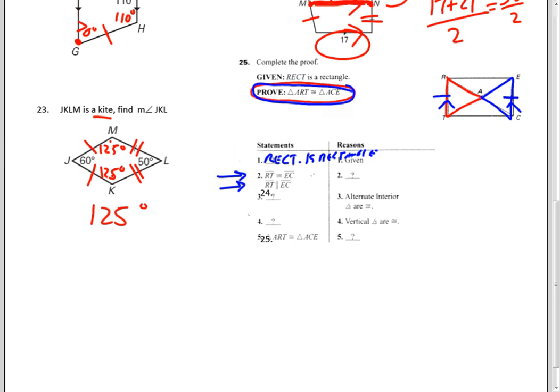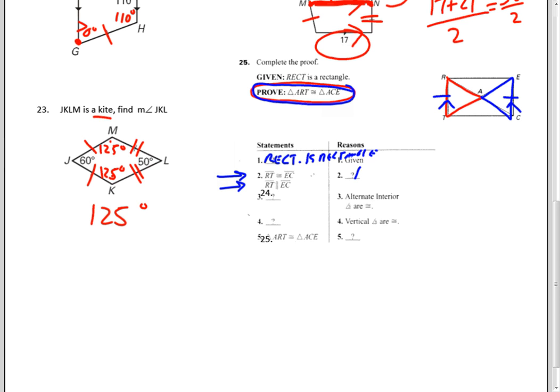I wouldn't write definition of a rectangle, because what is truly the definition of a rectangle? What makes a rectangle a rectangle? 4 right angles. So if this said that all of the angles were right angles, then I'd write definition.